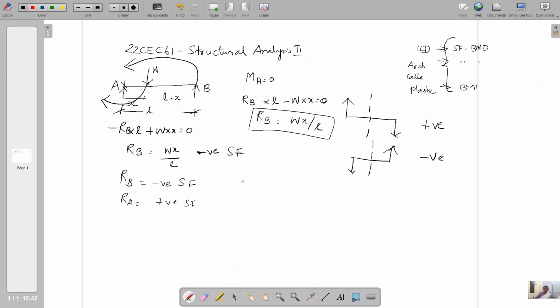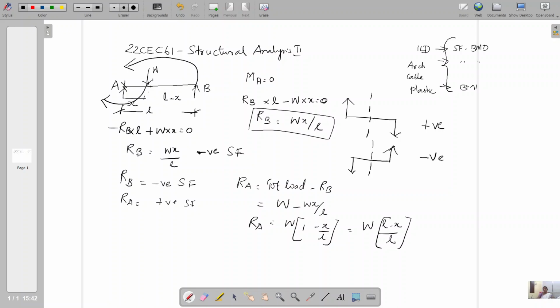How to calculate RA? RA equals total load minus RB. The total load here is W minus RB, which equals Wx by L. Taking W as common, W into 1 minus x by L, so W into L minus x by L is the RA value. If you want to draw the shear force diagram, RA is on the left side of the section, because our section will be inside the span.